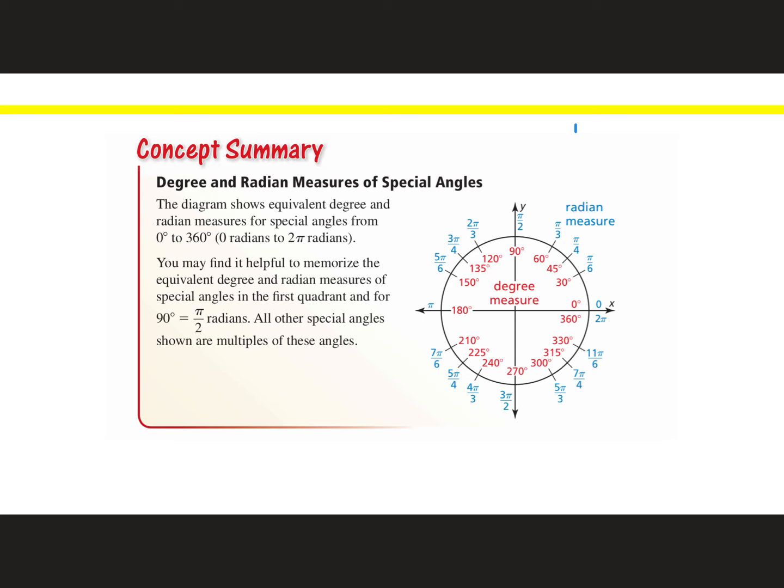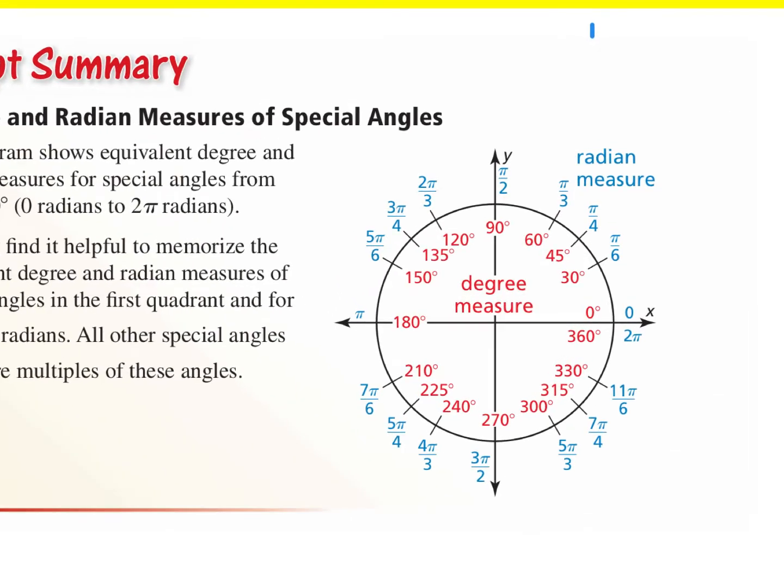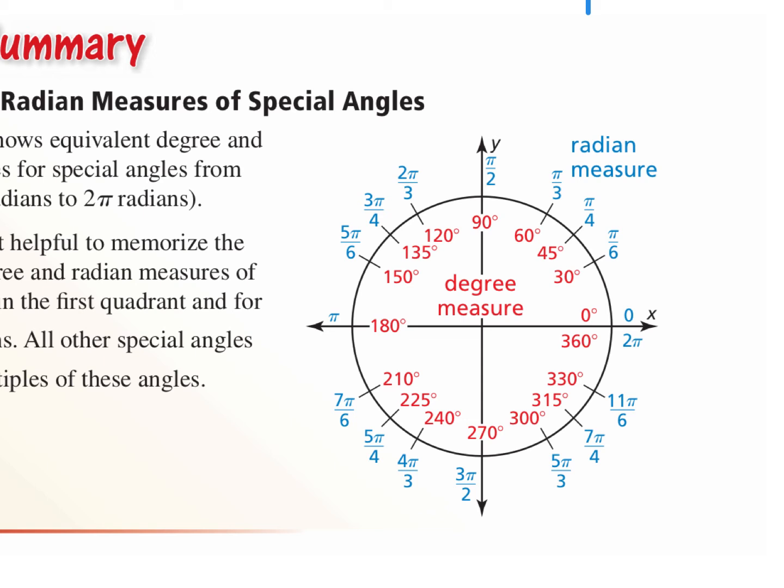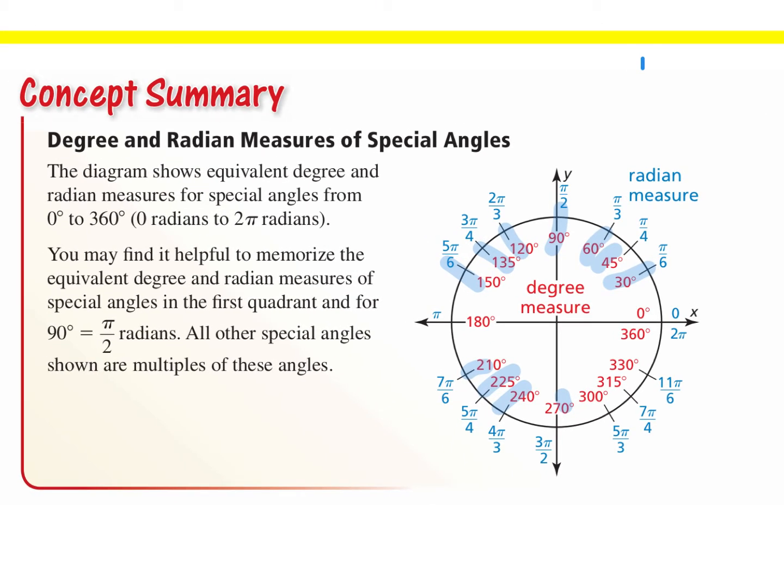So next we're going to look at degree and radian measures of special angles. If we're looking at our circle here, we know our special angles are 30, 45, 60, 90, and it applies for everything around the unit circle. So every 30 degrees, every 45 degrees, these are special angles. We know that 30 degrees is the same thing as pi over 6 radians.